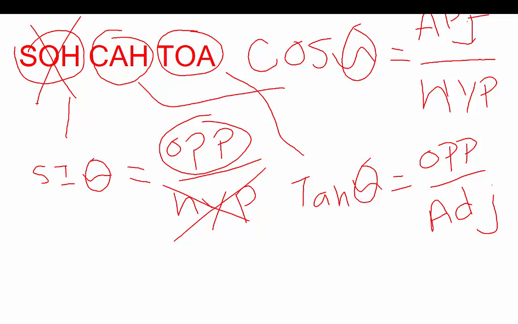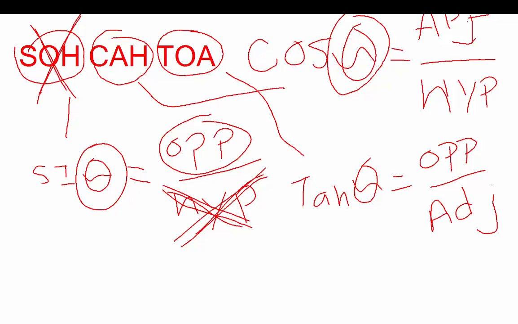So this one's not going to work for me. Now, let's take a look at CAH. I know the angle, but not having this hypotenuse disqualifies me from using this. So I can't use SOH.